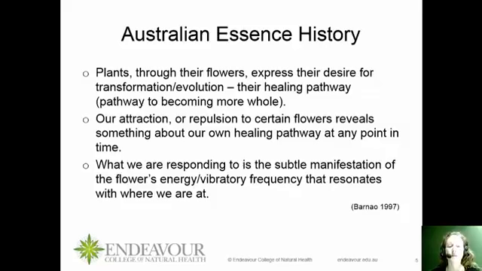But this is one way to start to meditate with flowers and start to tap into that more poetic nature of the doctrine of signatures. Because sometimes it's a very subtle idea.